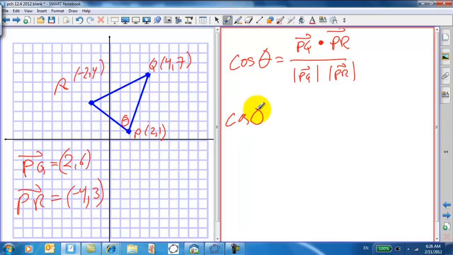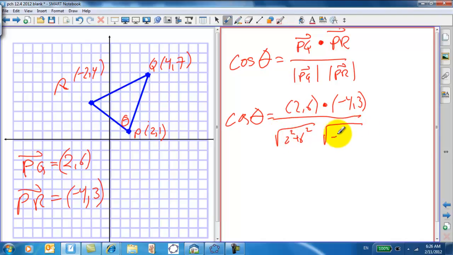So cosine theta equals <2, 6> dotted with <-4, 3> all over. The magnitude of PQ is the square root of 2 squared plus 6 squared. The magnitude of PR is the square root of negative 4 squared plus 3 squared.